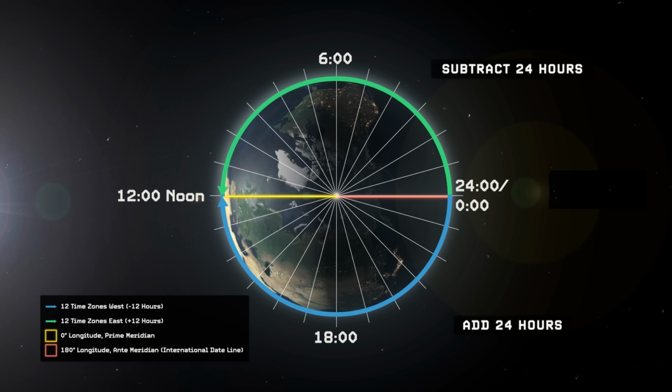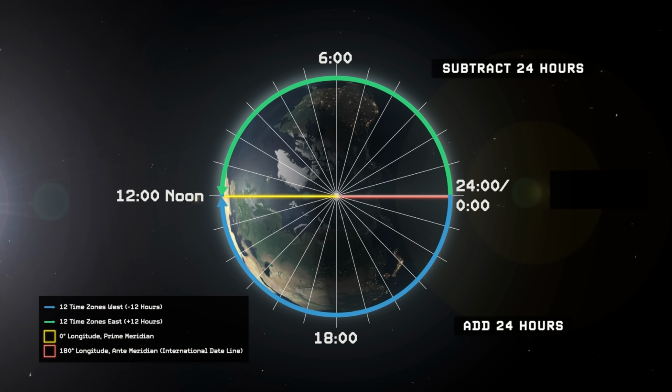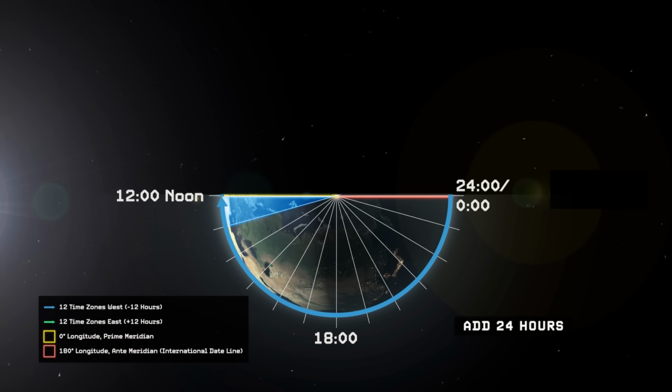Together, the prime meridian and the anti-meridian you have selected form a 360-degree great circle around the entire Earth's circumference, which divides the planet into two equally sized hemispheres, an eastern one and a western one. 12 time zones east of the selected prime meridian exist, where you consecutively add 1 hour to your original time each as you travel further east.